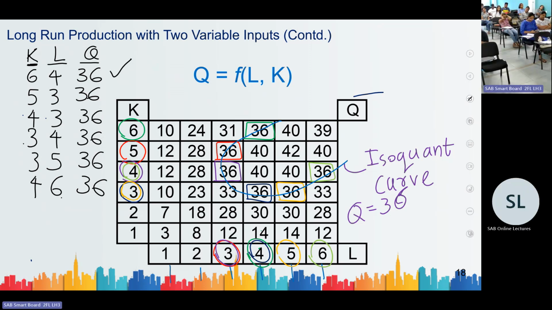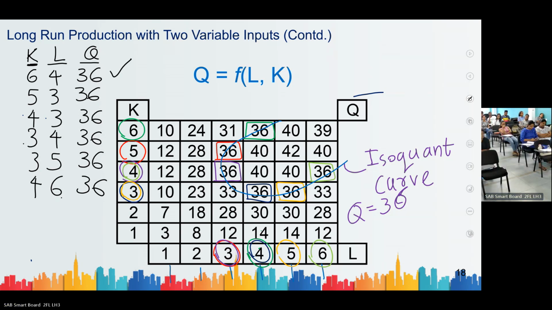Can we have another isoquant for, let's say, 28 units of output? Yes. When we look at 28 in this table, we have different locations where we observe 28.